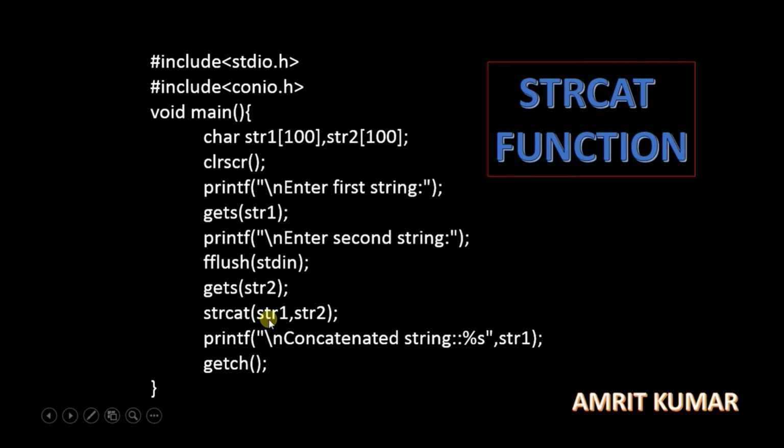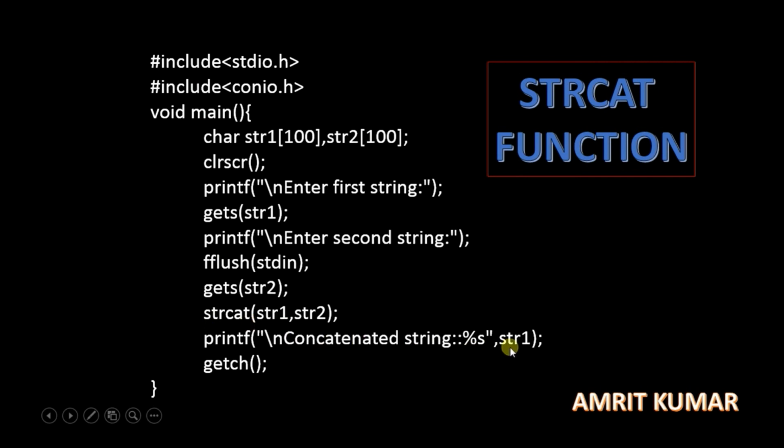Here you can see I am using the two arrays, str1 and str2, each holding a string passed by the user. Whatever strings are there are going to be concatenated with each other. This is the work of the strcat function.